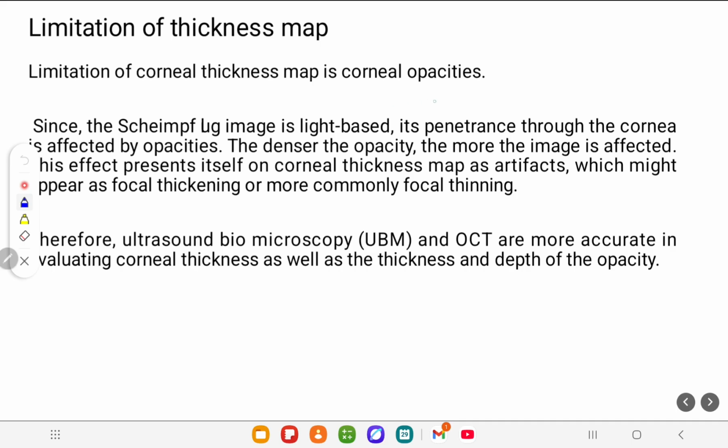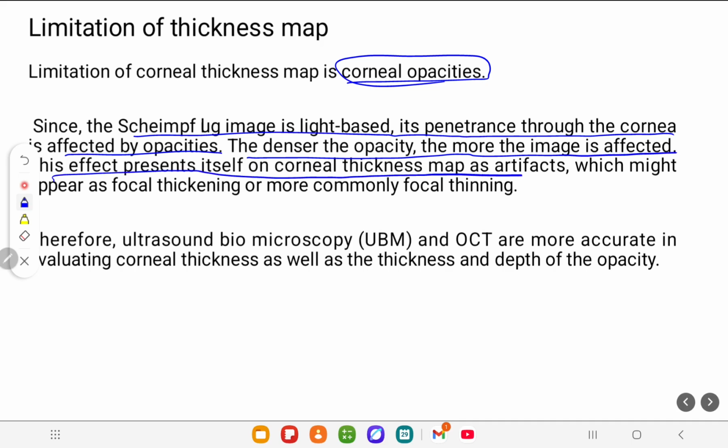The corneal thickness map is affected in corneal opacity. I have already told you, in case of opacity, posterior elevation is very bad, and if elevation is very bad, don't rely on it. Since Scheimpflug imaging is light based and penetration through the cornea is affected by opacity, the denser the opacity, the more the image is affected, and the corneal thickness map becomes artifact, presenting focal thickening or more commonly focal thinning.